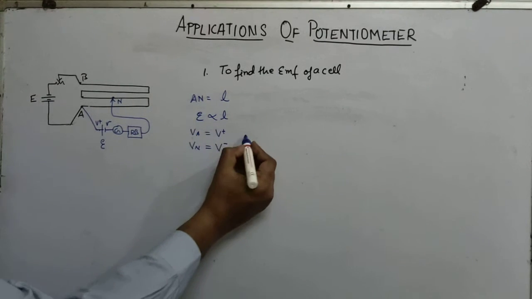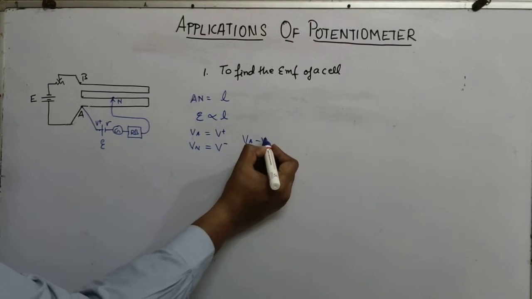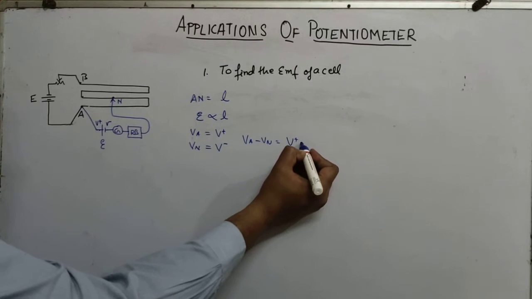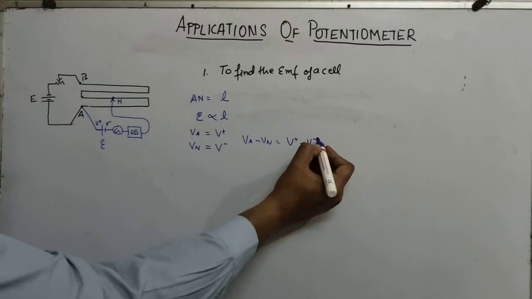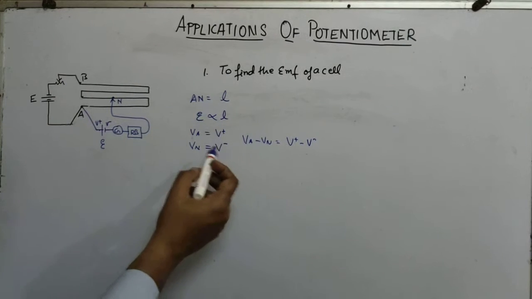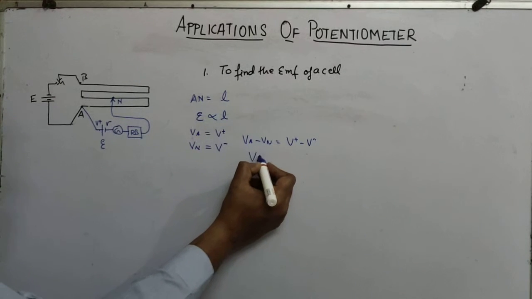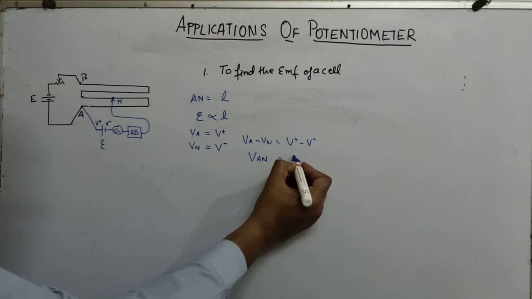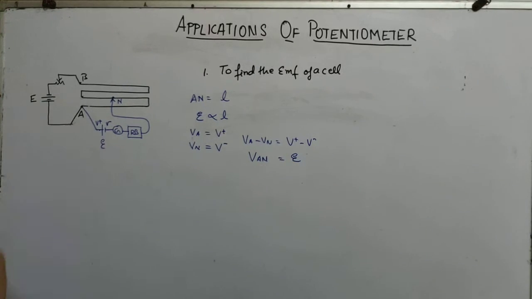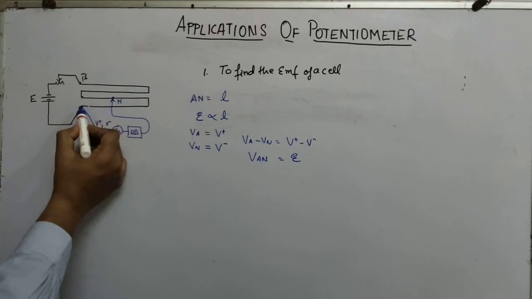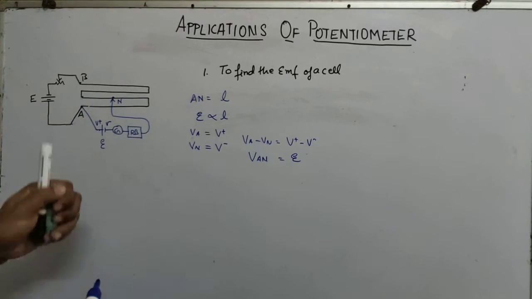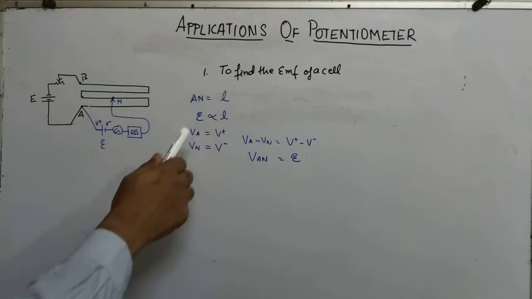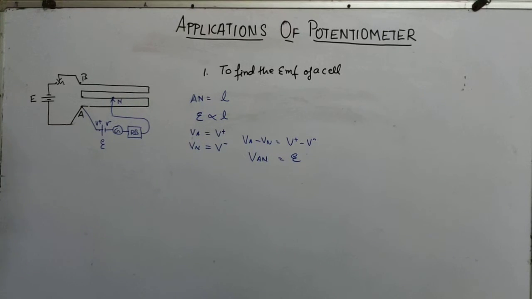Now when I subtract these two, that is Va minus Vn, I get V plus minus V negative on the other side. Va minus Vn is nothing but the potential difference between the two points, Van, and V plus minus V negative is nothing but the EMF of the cell. So the length AN, the balancing length, is directly proportional to the EMF of the cell.